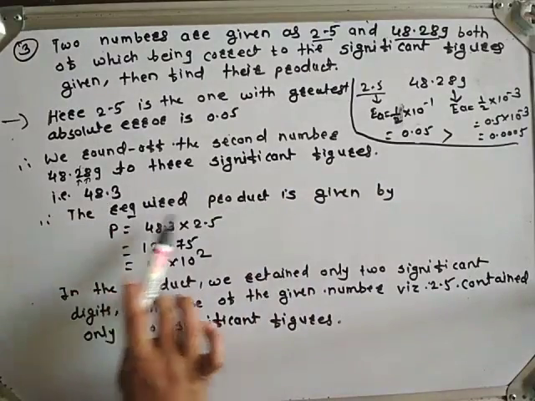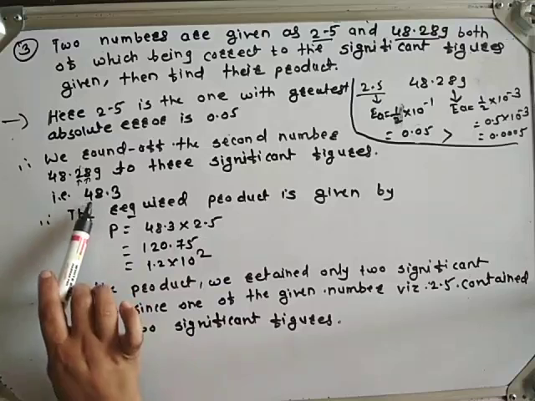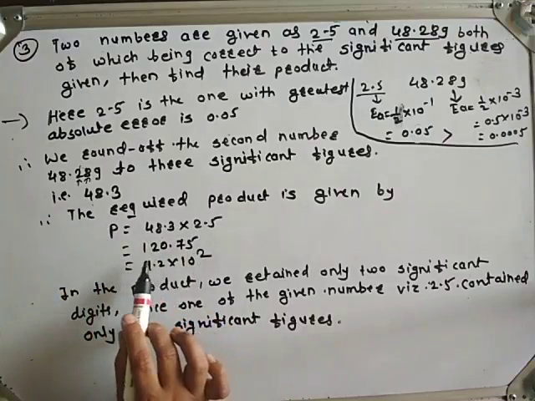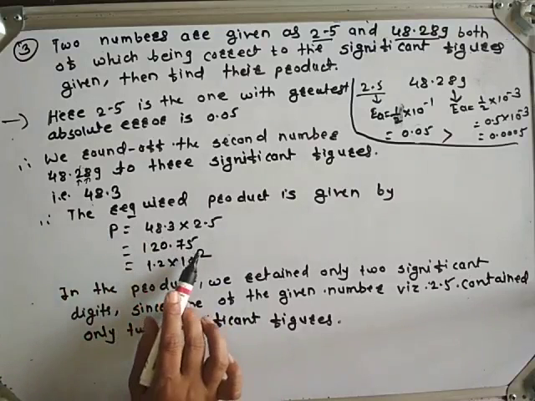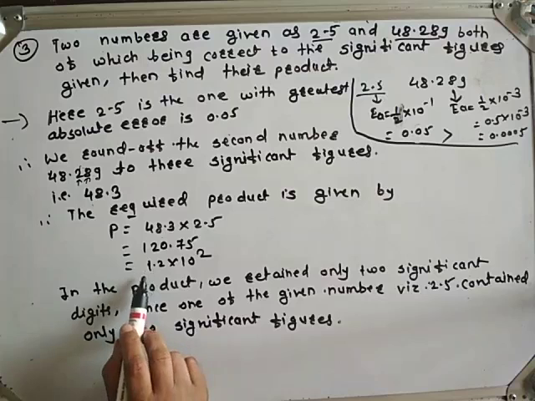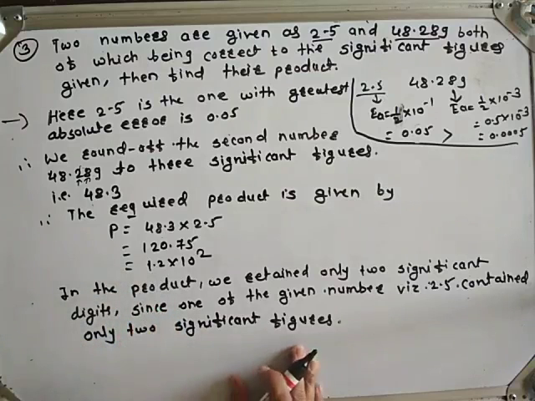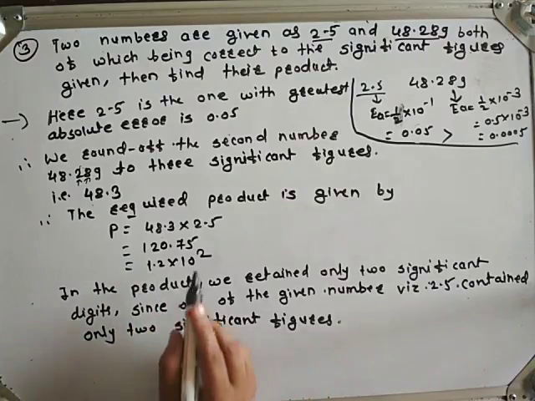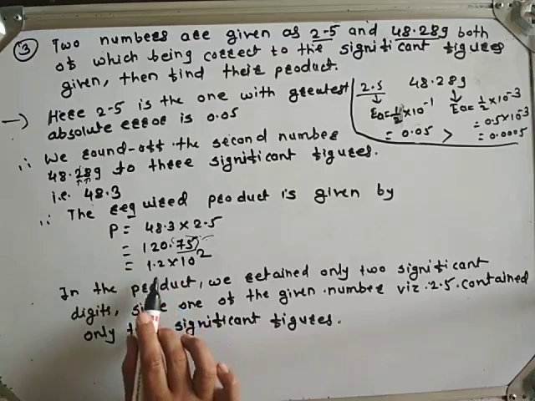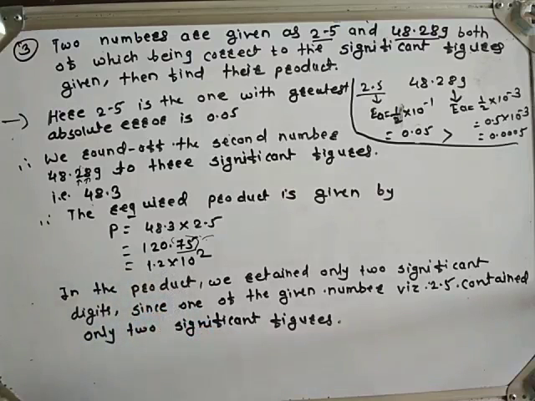The required product is the multiplication of these two numbers, 48.3 into 2.5, which equals 120.75. But we require this number to two significant figures. For this purpose, we discard this term, and 120 can be written as 1.2 into 10 square.